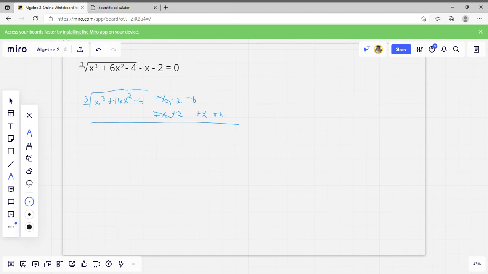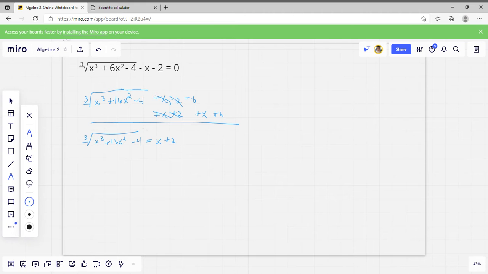Okay, so we want to get those on the other side of the equal sign. So now I have the third root of x to the third plus 16x squared minus 4 equals x plus 2.